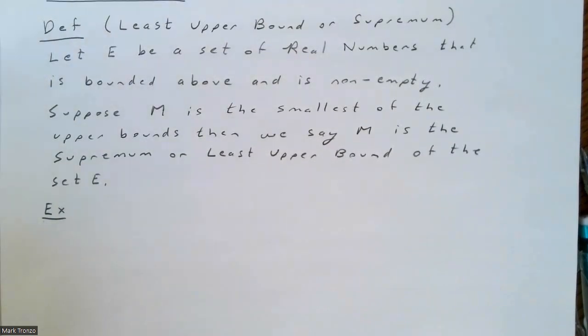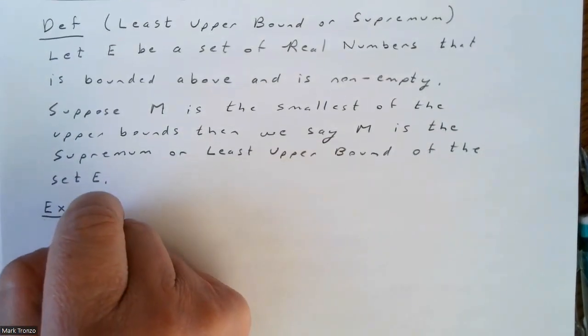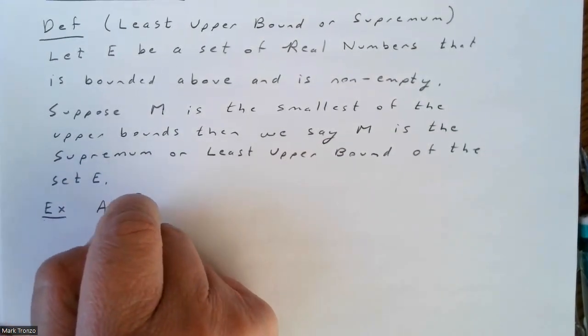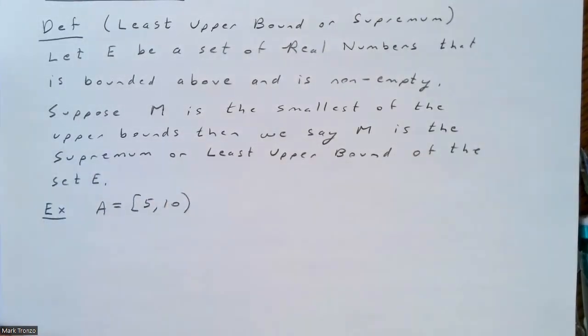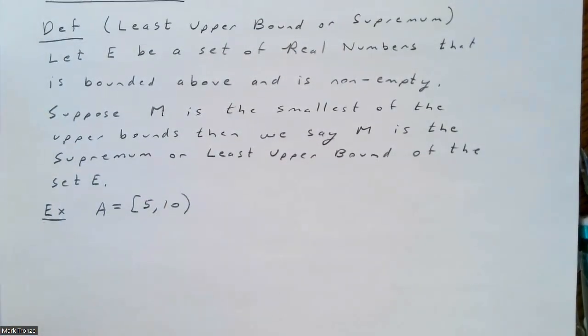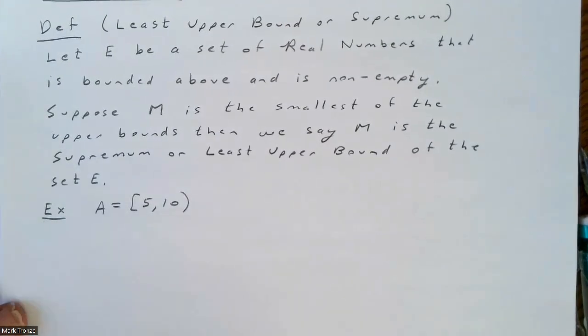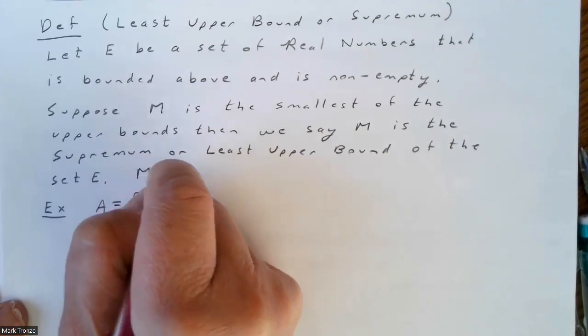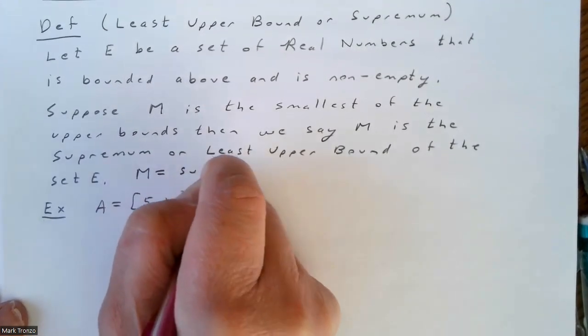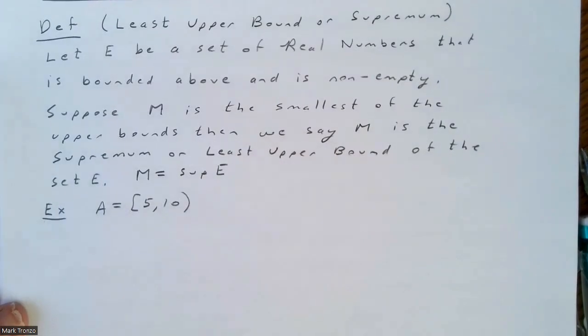We had 5 to 10. And then sometimes, like I said, we will maybe just say sup. Let me write this up here. So up here, we'll say M is the sup of E for short. A lot of times we say that.